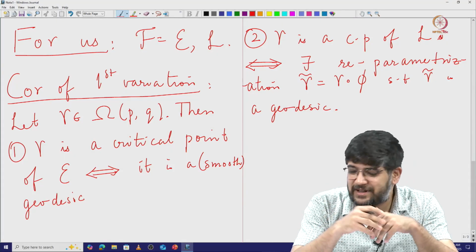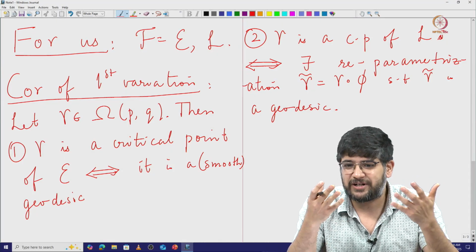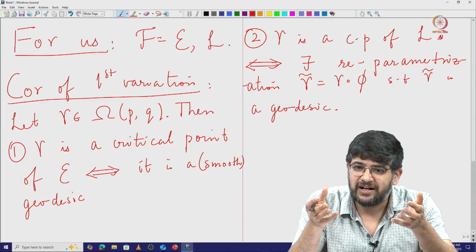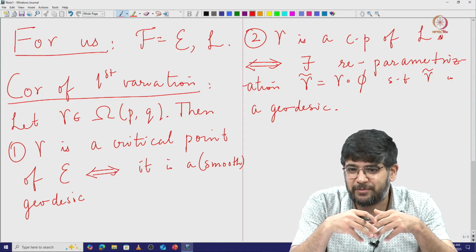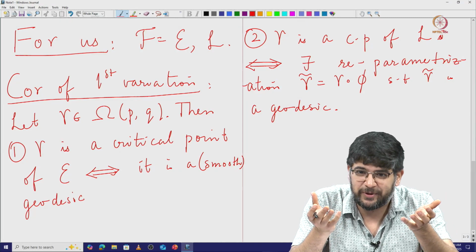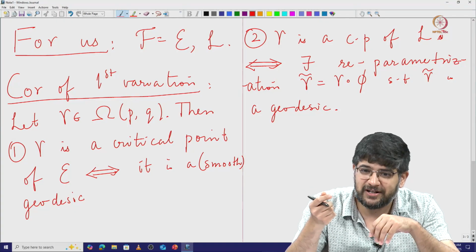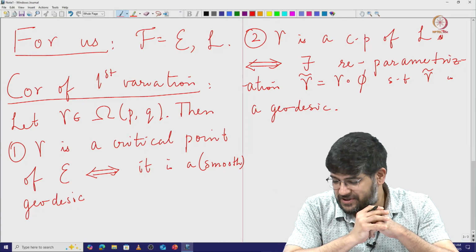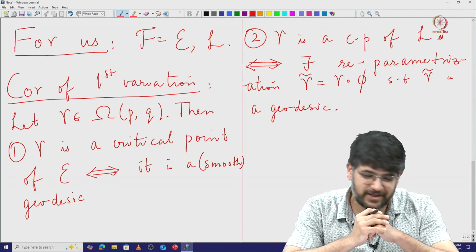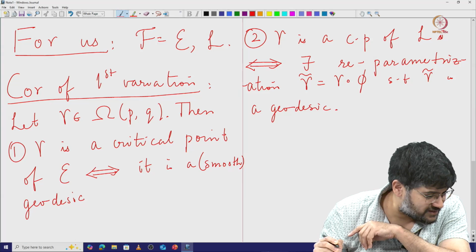So it is understandable that if you take an arbitrary critical point of the length functional, it will not be a geodesic because it may not have constant speed, right. But on the other hand, this says that you can always reparameterize so that it now becomes a geodesic, right. So that is the statement of the claim.